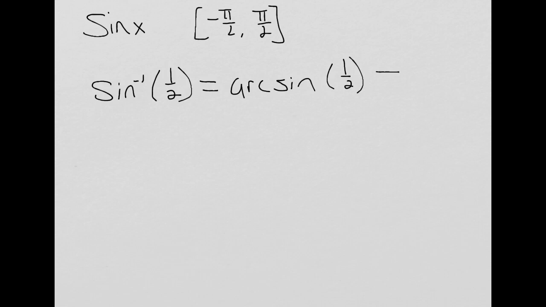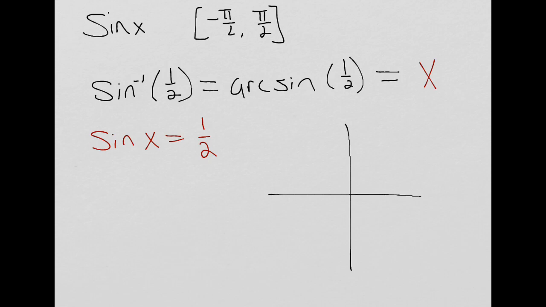But what this is asking, suppose I said this was equal to some value x. Well, what this is really saying is sine of x has to equal 1/2. So if I want to compute the arc sine or the inverse sine of 1/2, I'm asking sine of what value is equal to 1/2. Now we know the sine is measuring on our good old unit circle.